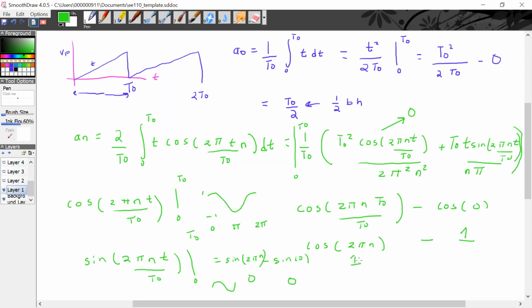So in fact, the An's all equal 0. You could have done this by inspection by noticing that this is an odd function.